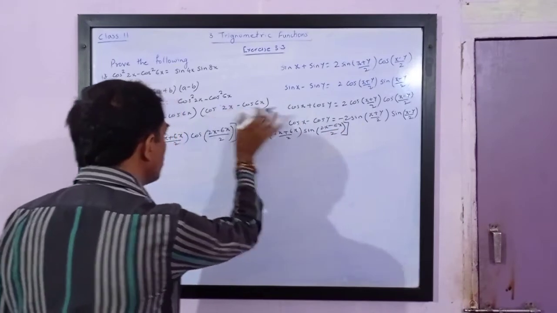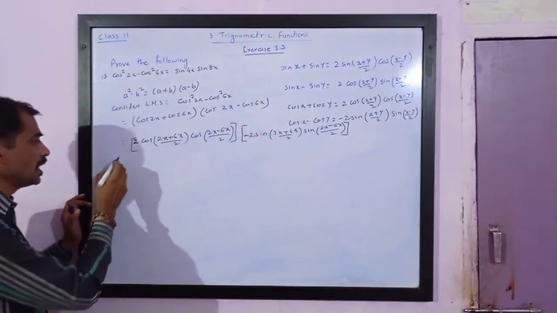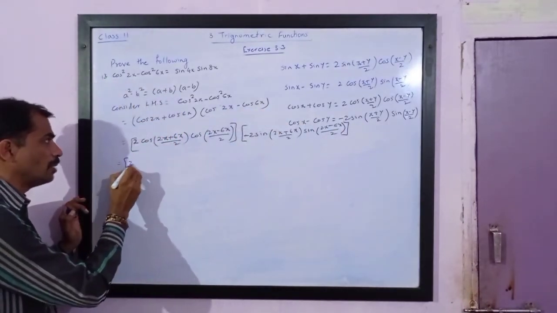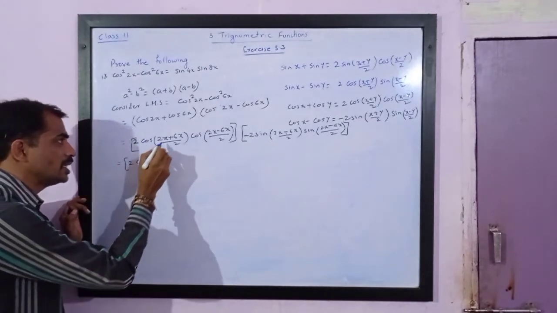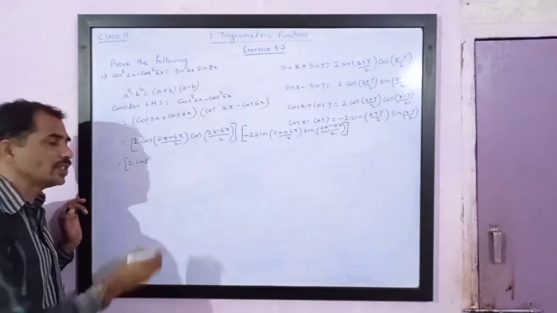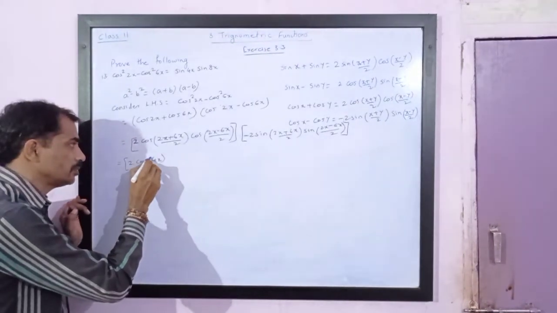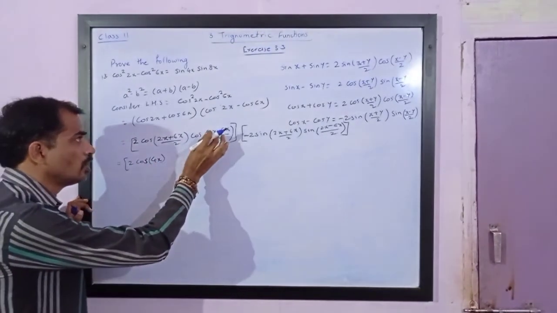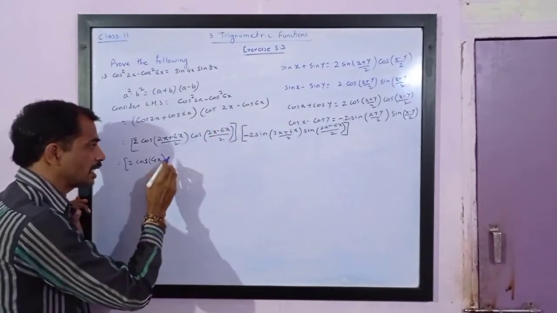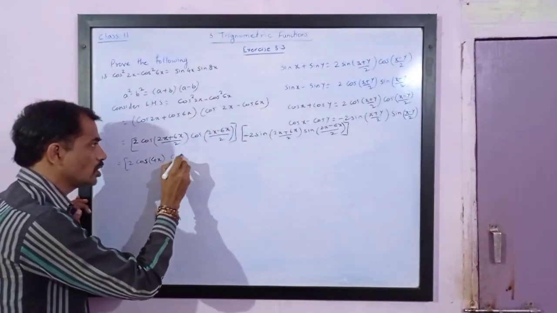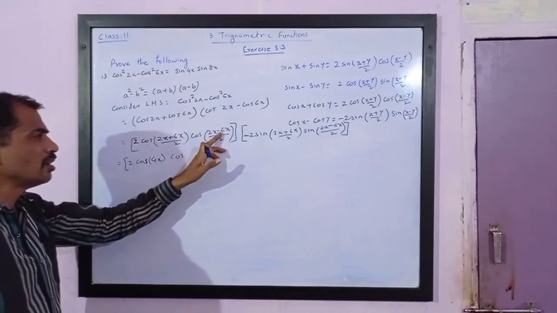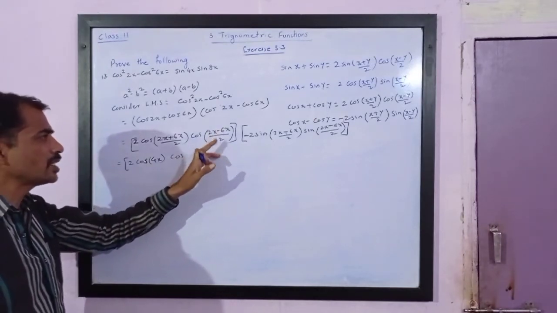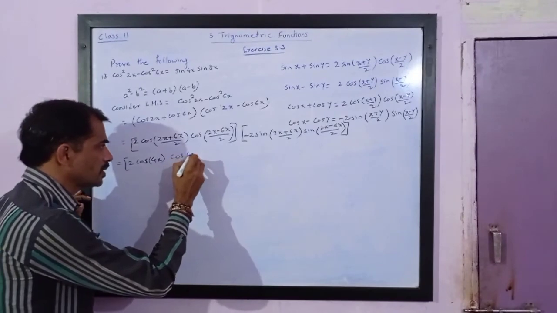This is the second bracket. So LHS becomes 2 times cos of 2x plus 6x is 8x, 8x upon 2 is 4x. Also cos of 2x minus 6x is minus 4x, minus 4x upon 2 is minus 2x.